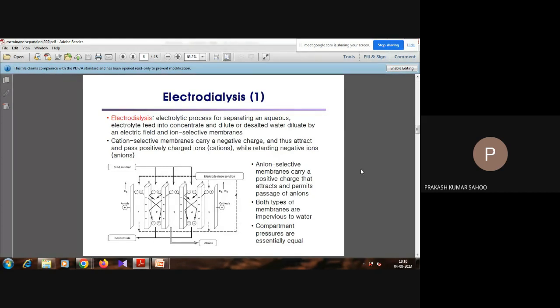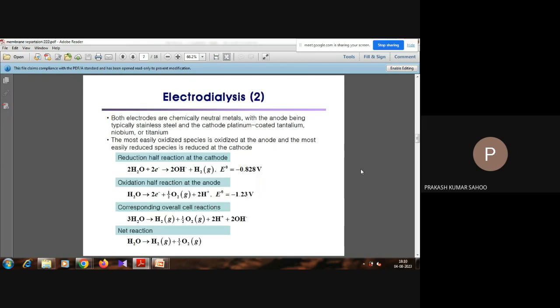Then we have the next one, that is the electrodialysis next part, that is the separation of water to hydrogen and oxygen.